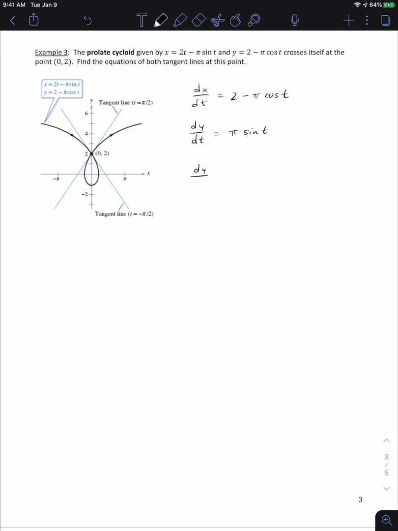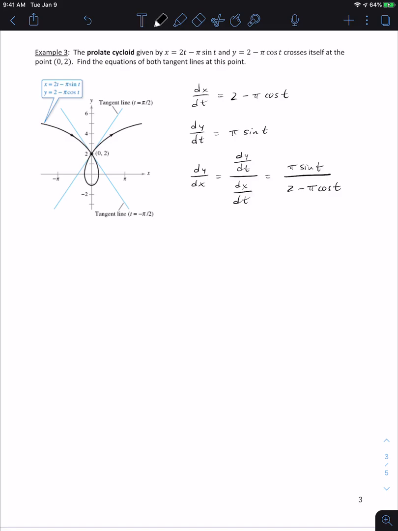So dy over dx, by definition, is dy dt over dx dt, which is pi sine of t over 2 minus pi cosine of t. All right, so that's our equation for our derivative.